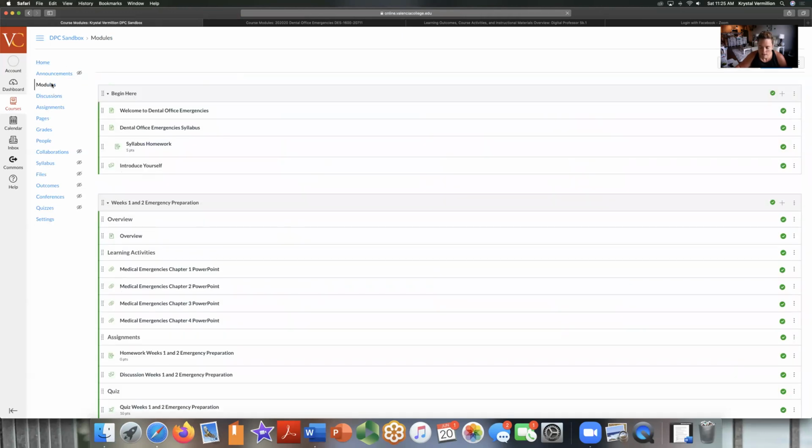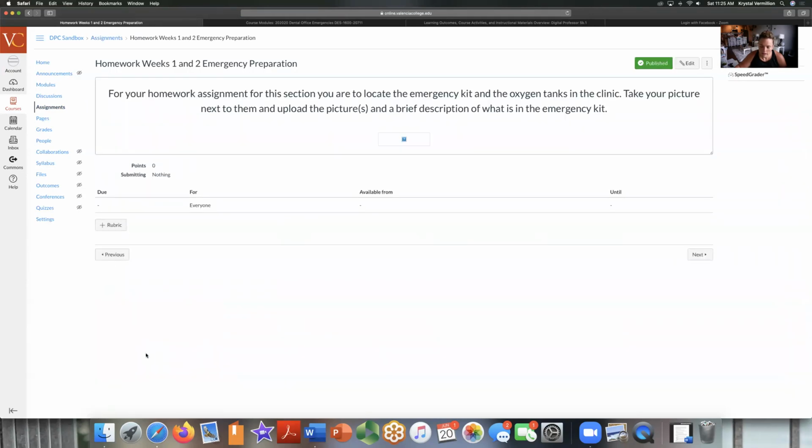The homework assignment fulfills the first and third requirement by having the student locate the emergency kit in the dental hygiene clinic, take stock of its contents, and have their picture taken next to it. By completing this assessment, the students will be able to identify the essential equipment and medications that should be kept in a clinical setting emergency kit.